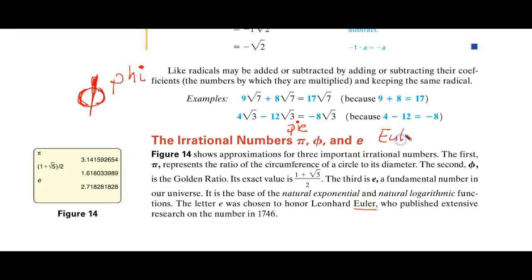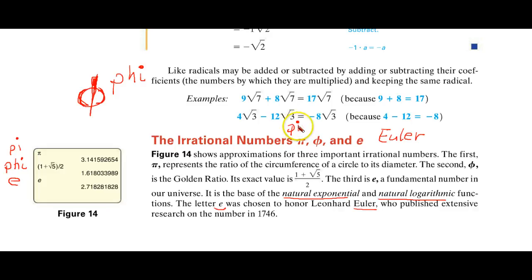Euler was a famous mathematician, and he was honored by giving this value the letter E. All right, and we use this as a natural exponential and in natural logarithm functions. We'll be reviewing that a little later.